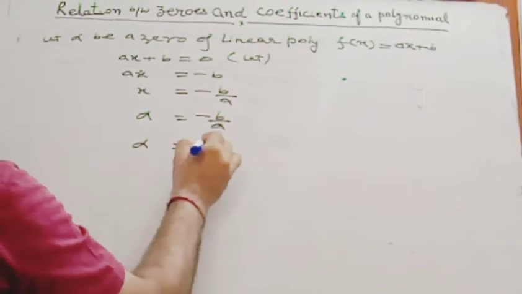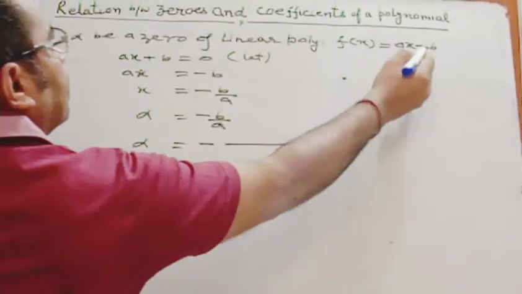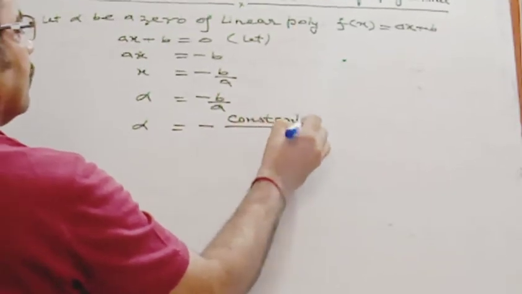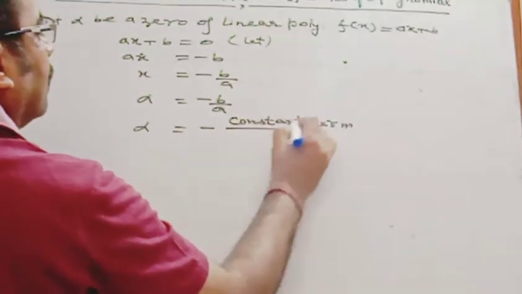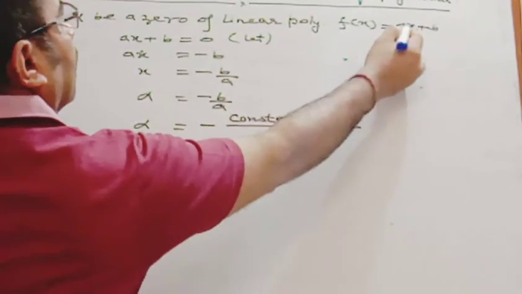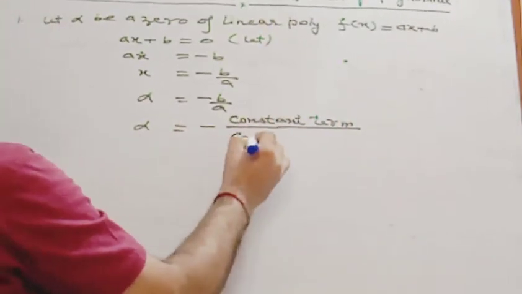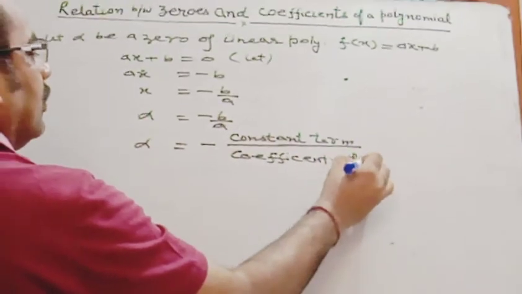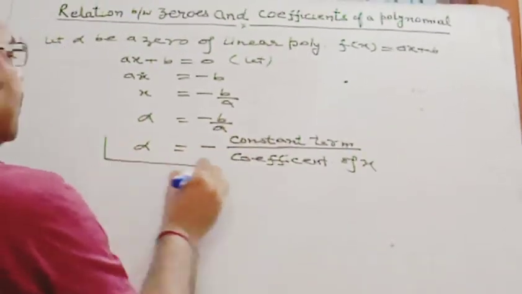Alpha is equal to minus b by a, where b is the constant term and a is the coefficient of x. So what do we get here?